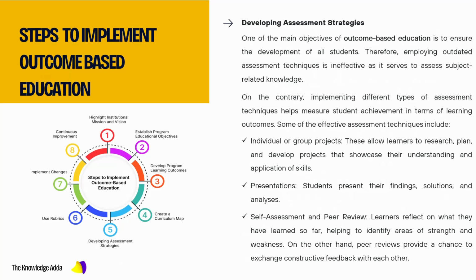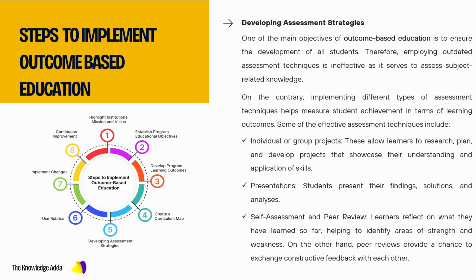Okay, so one of the main objectives of outcome-based education is to ensure the development of all students. Therefore, employing outdated assessment techniques is ineffective as it serves to assess only subject-related knowledge. On the contrary, implementing different types of assessment techniques helps measure student achievement in terms of learning outcomes.